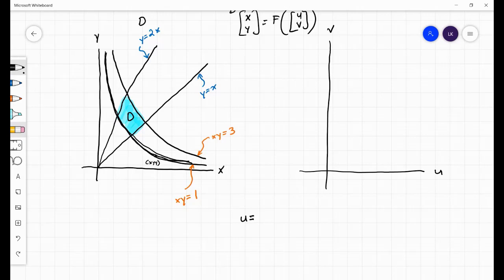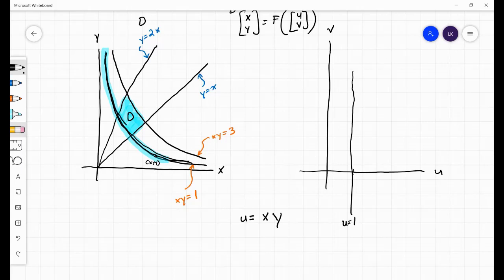Okay. Well, if we let u equal x times y, what does this hyperbola become in the UV plane? Well, it becomes the line u equals 1, yeah. So that would correspond to a line u equals 1.